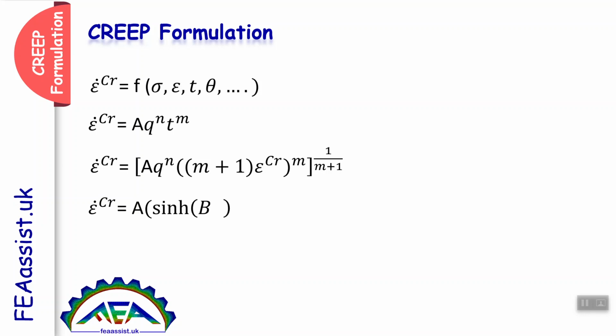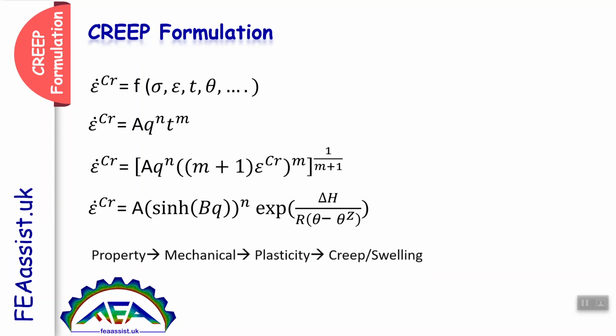Another form is the hyperbolic sine function, in which creep is a function of deviatoric stress, activation energy, and temperature. You can go to Abaqus, Property, Mechanical section, Plasticity, and there you can see the creep and swelling option, and in that section you can enter all these parameters and predict the behavior.